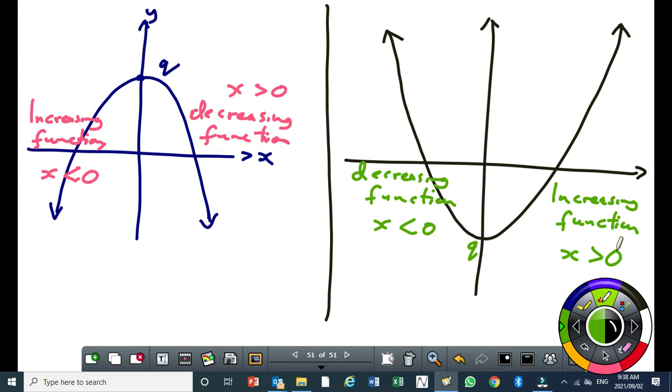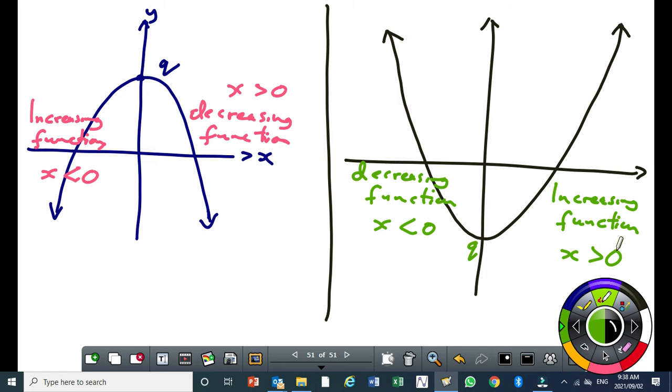So, if you get a question for a quadratic function asking you for what values of x the graph is increasing or decreasing, your answer must be any one of these four, depending on the shape. If there's a maximum turning point, you must say this one or that one, depending whether you're asked for increasing or decreasing.